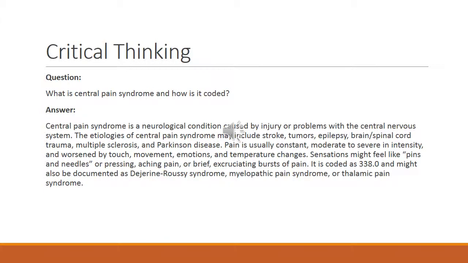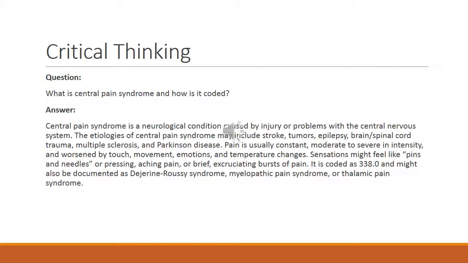Next question. What is central pain syndrome and how is it coded? And our answer, central pain syndrome is a neurological condition caused by injury or problems with the central nervous system. The etiologies of central pain syndrome may include stroke, tumors, epilepsy, brain and or spinal cord trauma, multiple sclerosis, and Parkinson's disease.